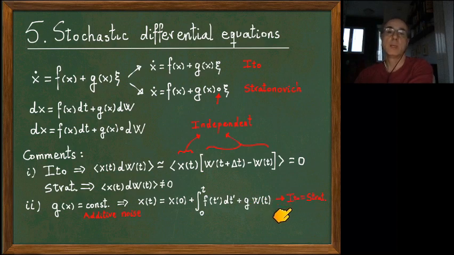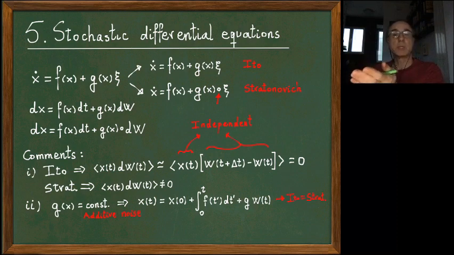This is why many very elementary books on non-equilibrium statistical physics, where they deal with Brownian motion and the Langevin equation, which is a stochastic differential equation that we will see in detail in a moment, don't talk about Ito, Stratonovich, and so on, but it is inside the whole theory. But if it is additive, you don't need any interpretation.